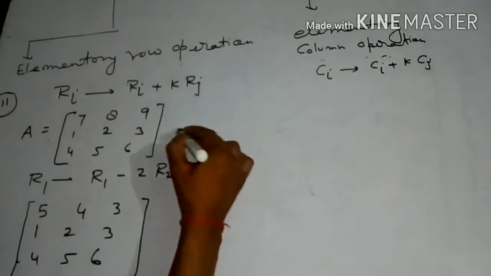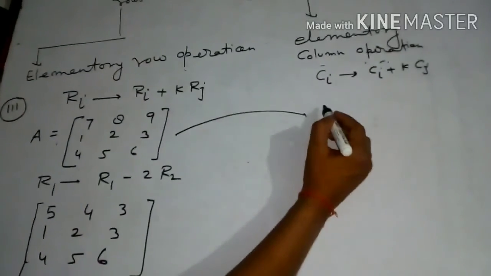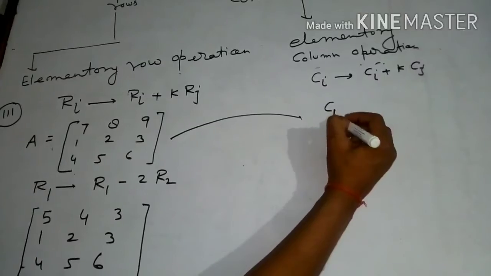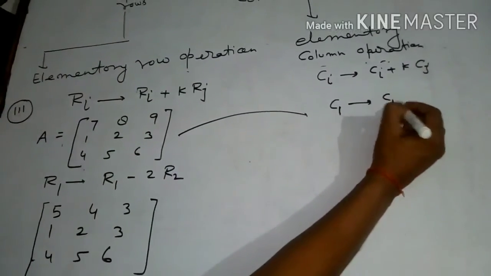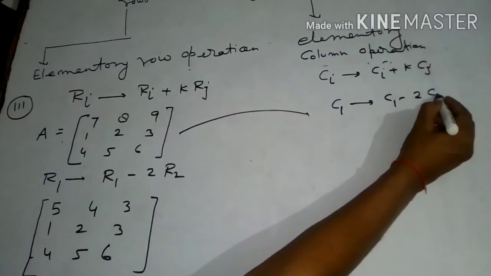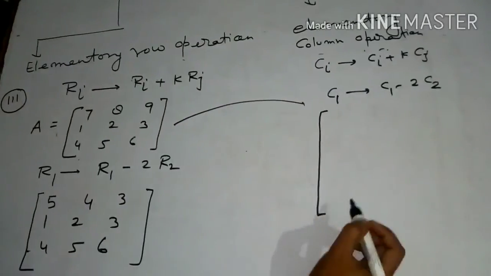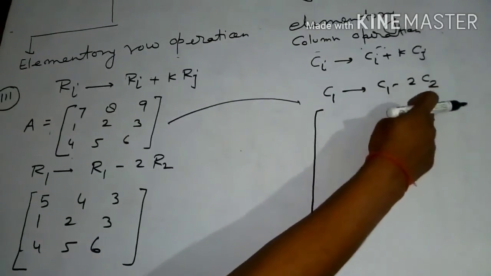For this matrix, if we apply a column operation, suppose the same column operation, we write C1 minus 2 times C2. Then what will we get?